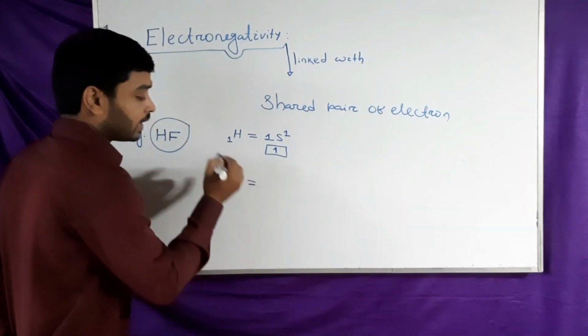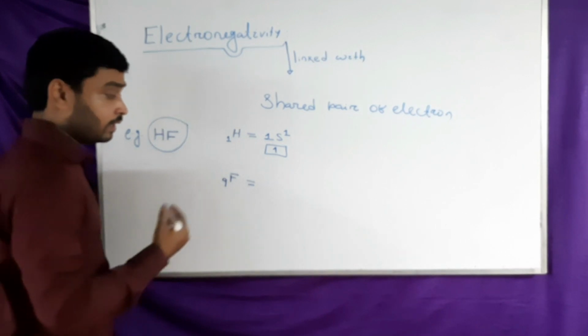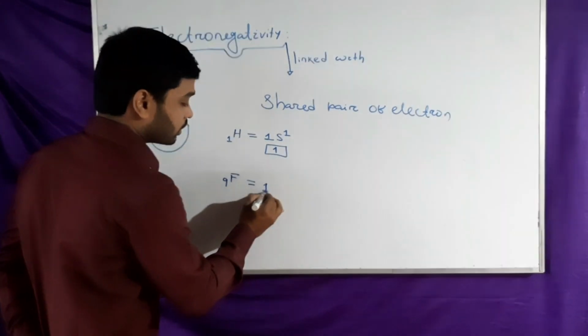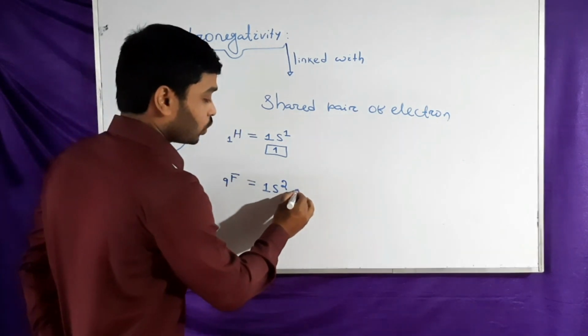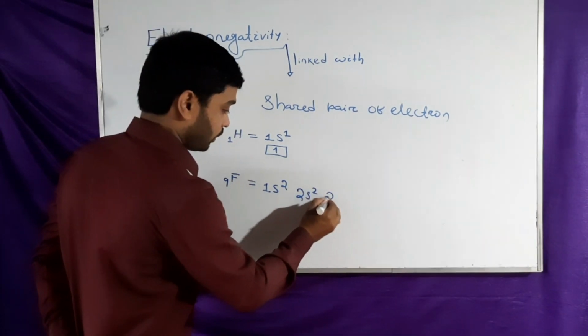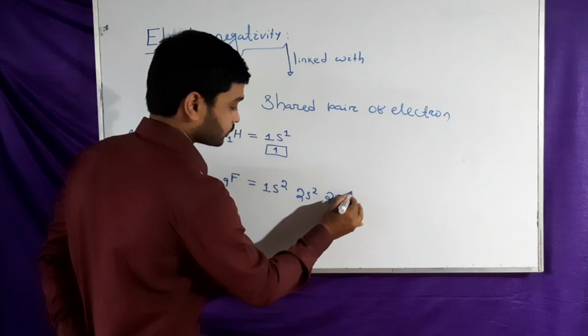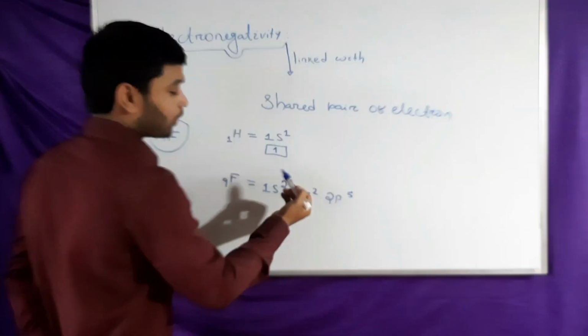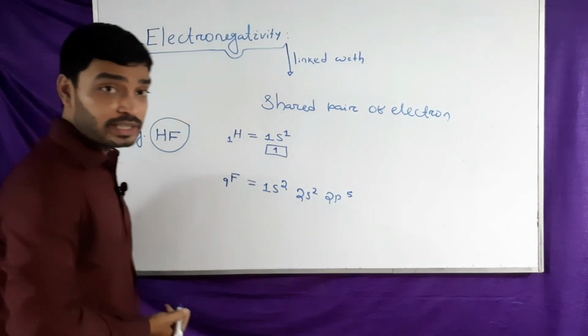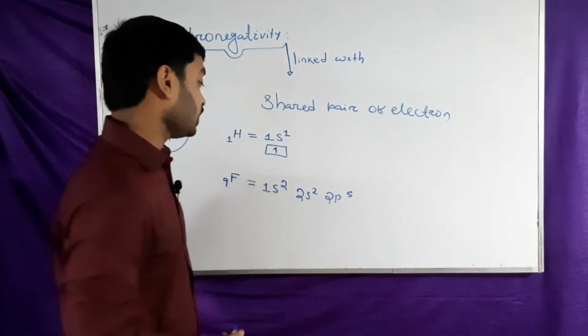Similarly, for fluorine, the electron configuration is 1s2, 2s2, 2p5. 9 electrons are there, so 2, 2, 5 will be the electronic representation of the fluorine atom.